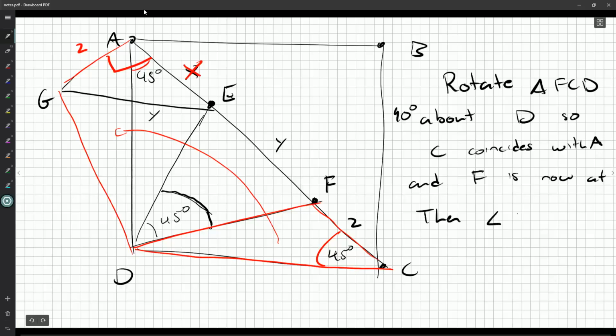Then angle GAD is equal to angle FCD, which is 45 degrees.